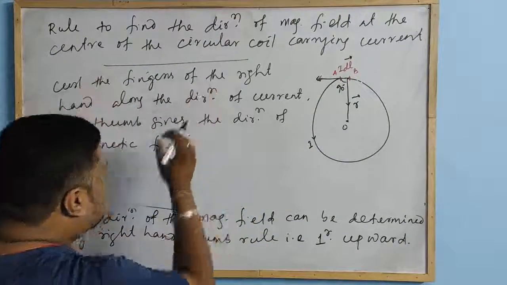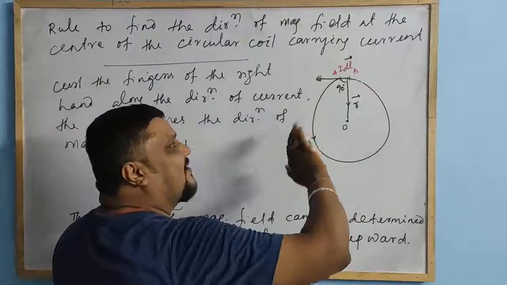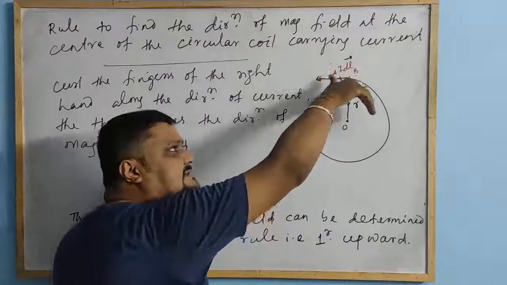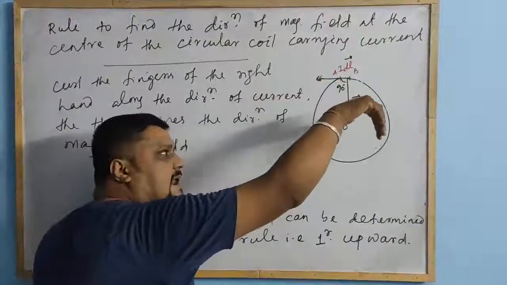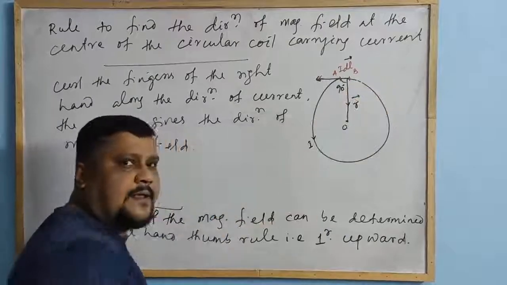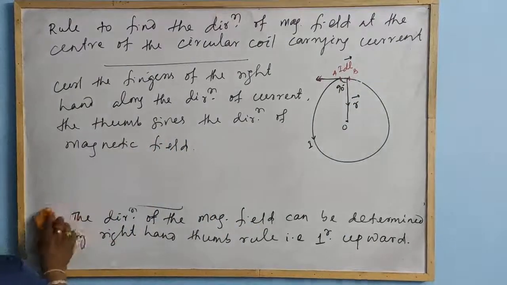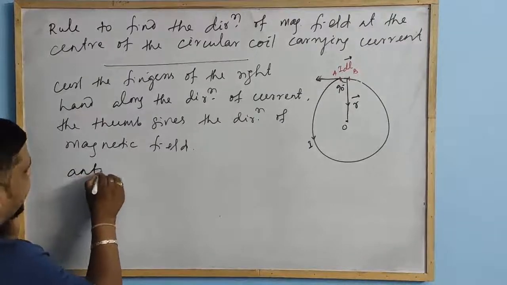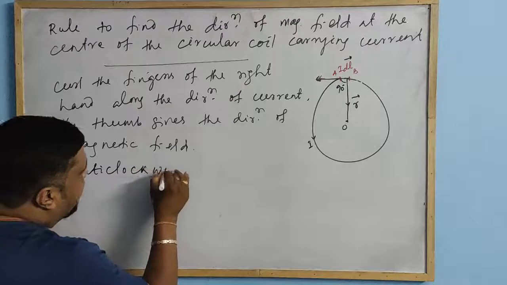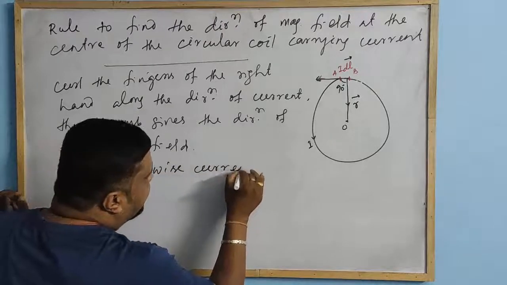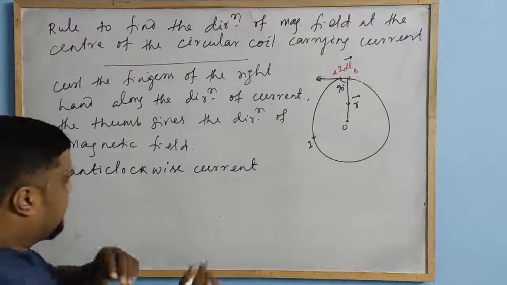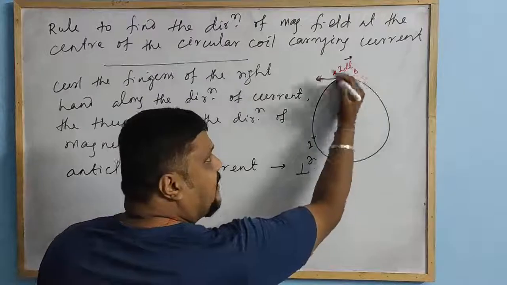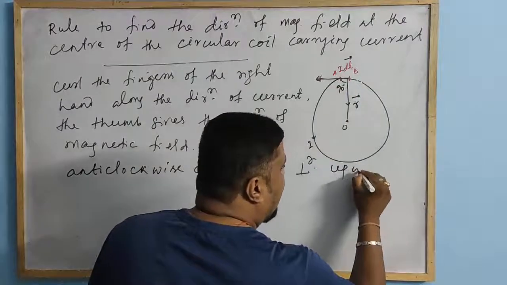So if the current is along the clockwise direction, then curl the fingers along the clockwise direction like this. The thumb gives you the direction. It is perpendicular inward. So I can write this as, for anti-clockwise current, magnetic field is perpendicular upward.